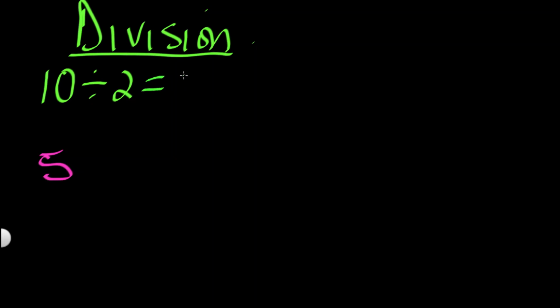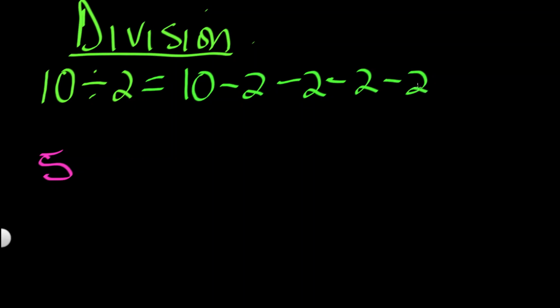What we're doing here, we're taking 10 and subtracting 2 until we have nothing to subtract. So we minus 2, we get 8, we minus 2 again, we get 6, we minus 2, we get 4, we minus 2, we get 2, and we minus 2, then we now have 0.